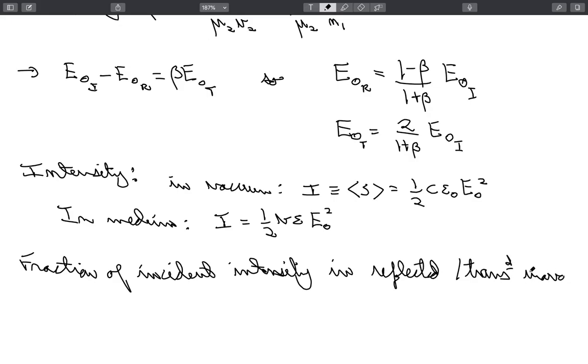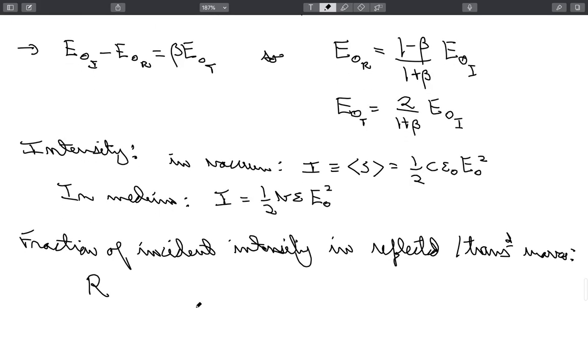The coefficient for intensity in reflected as compared to intensity in incident is just the ratio of the squares of the reflected versus incident field amplitudes.